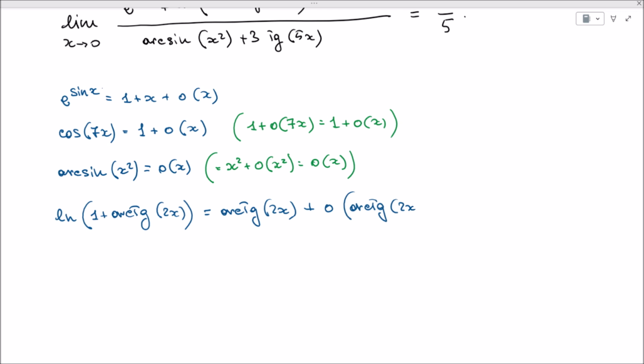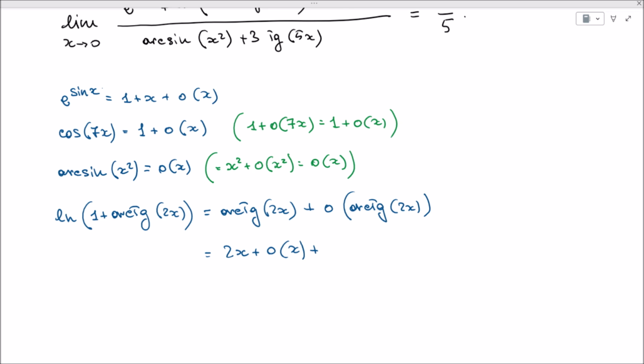But now we do another expansion for arctangent of 2x, and we get 2x plus little o of x. And for the second, of course, we have little o of 2x plus little o of x, which basically is little o of 2x.